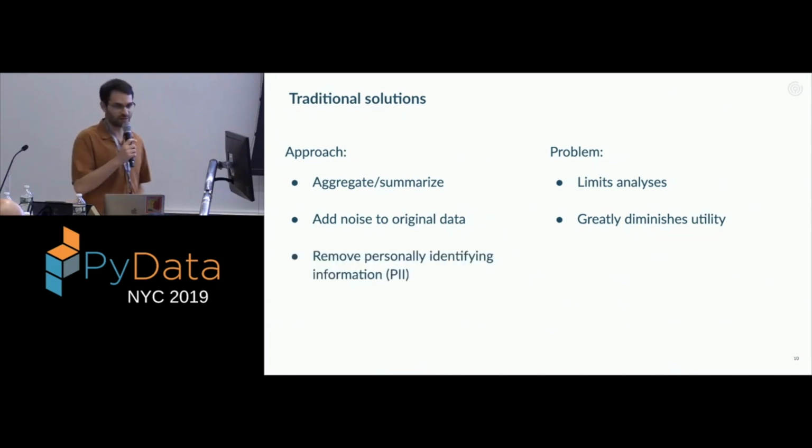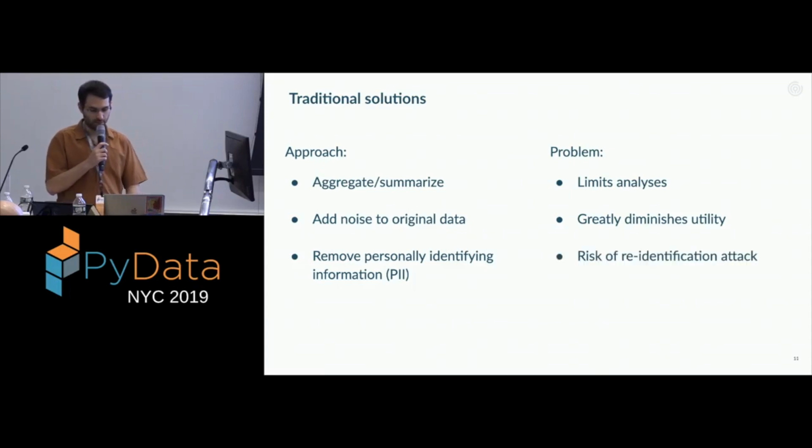And a last approach that used to be really popular, fortunately is becoming less popular as people recognize its limitations, is removing personally identifying information. So this is things like full name, date of birth, address. You might say, oh, we'll just strip your name and address and date of birth from the data, and now we won't be able to identify you. You'll have privacy. But it's well known that this usually or often doesn't really work.